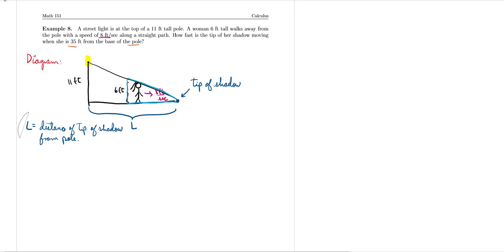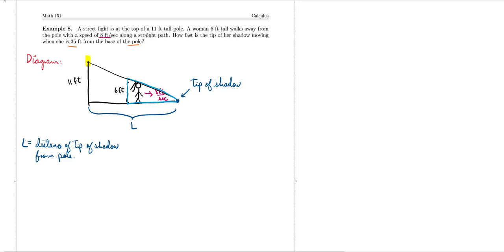Now, because we're looking for how fast the tip of the shadow is moving when the woman is 35 feet away from the pole, I'll let X be the distance of woman from the pole.